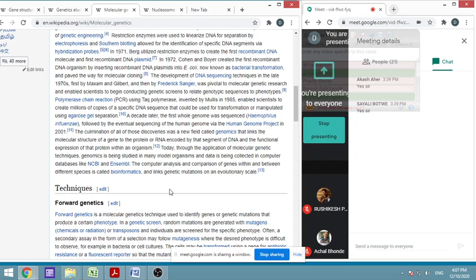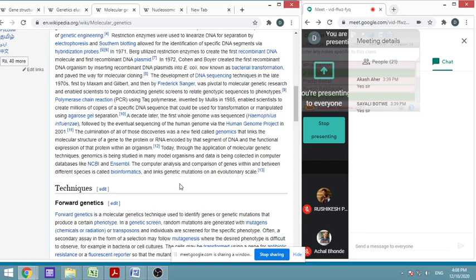Next, as I told you, genomics links the structure of a gene to the protein, RNA, etc., and functional expression. There are many databases available from the National Center for Biotechnology Information. Then there is Ensembl, which has now been merged. This genomics has simultaneously been hybridized with computer analysis and computerized models.